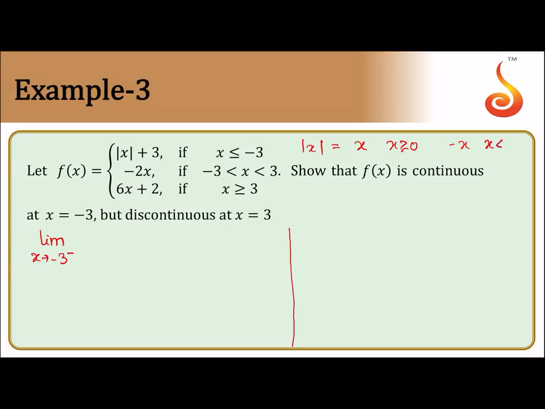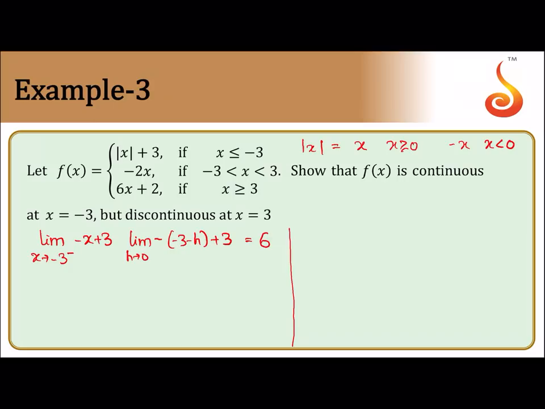Whenever mod x is defined, mod x has two parts: equal to x whenever x is greater than or equal to 0, and minus x whenever x is less than 0. We are talking about less than, so this will be minus x plus 3. So we write limit h tending to 0 of minus of minus 3 minus h, plus 3.